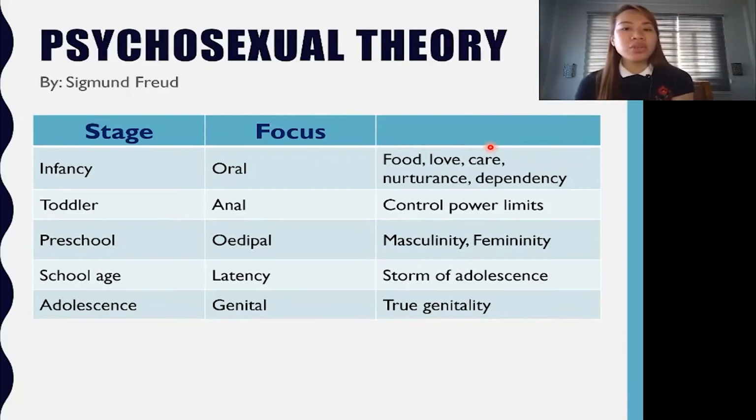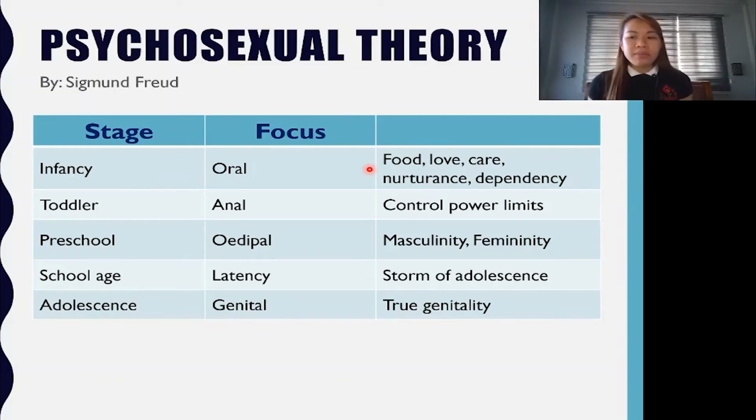So for psychosexual theory, I want you to remember it was stipulated by Sigmund Freud. Okay, and there are different focuses on each of the stage, starting with oral, focus on the oral, sa mouth, for infancy. So this is equivalent to provision of food. If you provide food, it is equivalent to love, care, nurturance, and dependency.